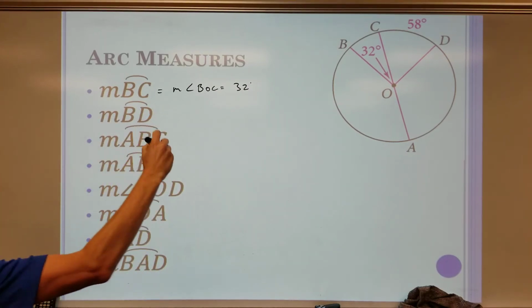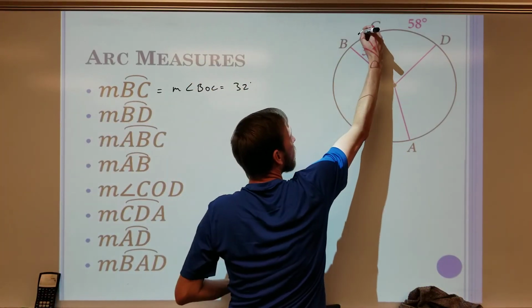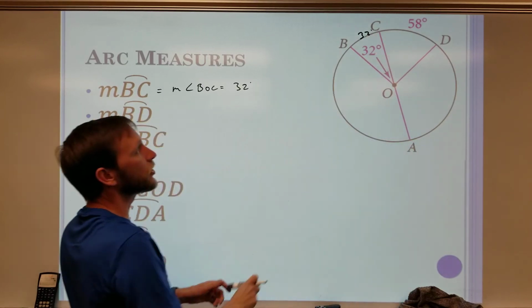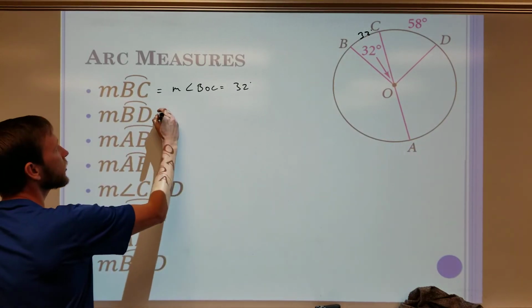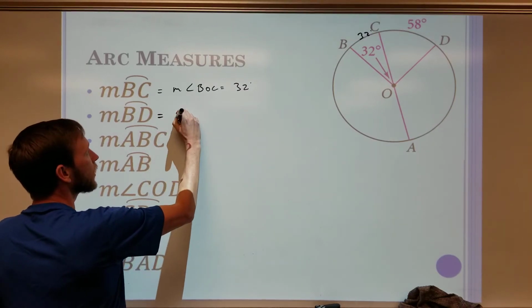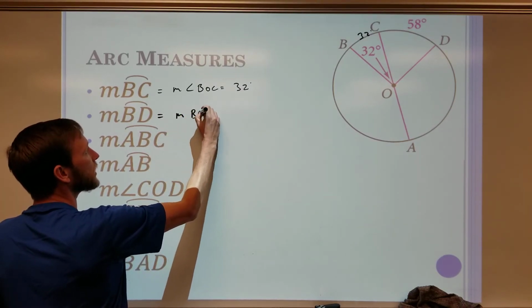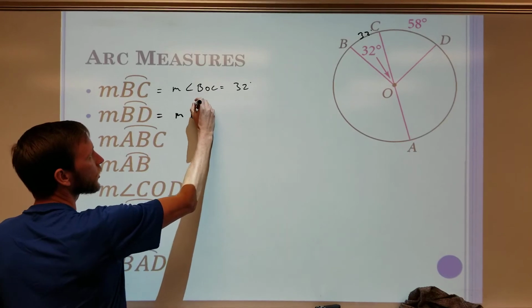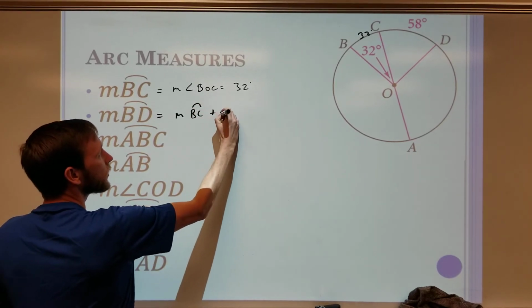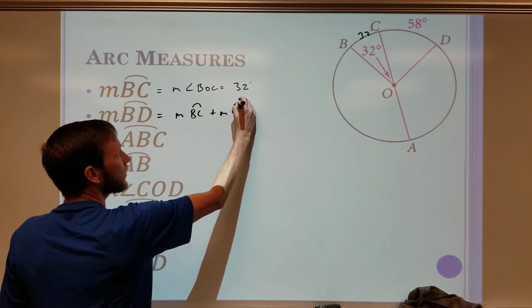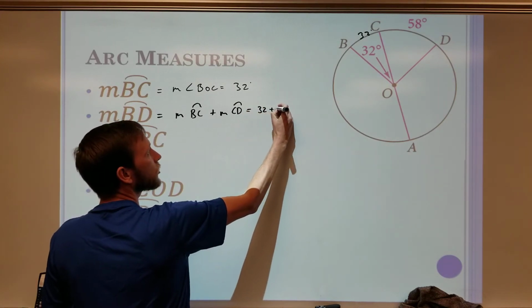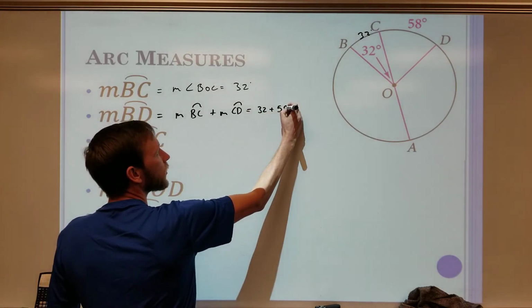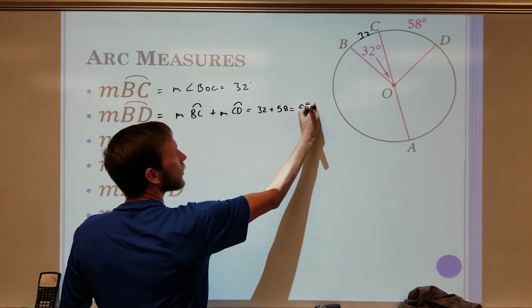The measure of arc BD, if I know now that this is 32 degrees, and I know that CD is 58 degrees, then the measure of arc BD is going to be the measure of arc BC, we draw the 2 letters with a little arc above, plus the measure of arc CD. And we actually add those numbers together. 32 plus 58 makes 90.